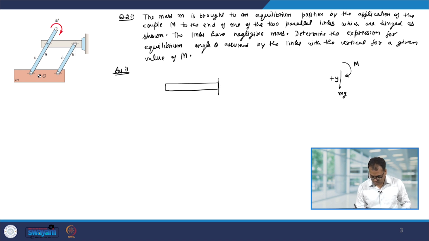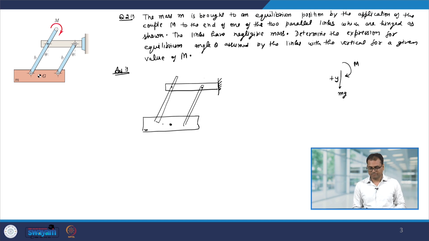So, we have these bars here and with this we have 2 bar that is connected, and from here we have the mass m, and of course, it is going to act at g.